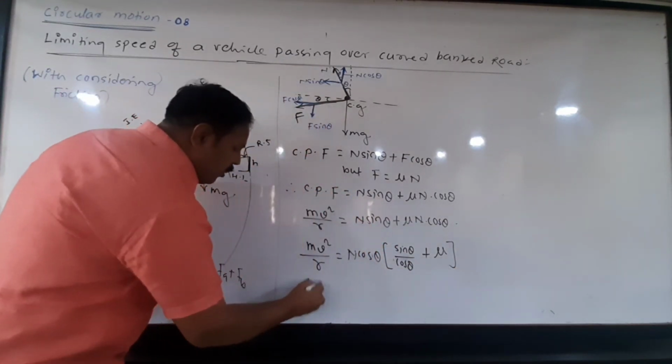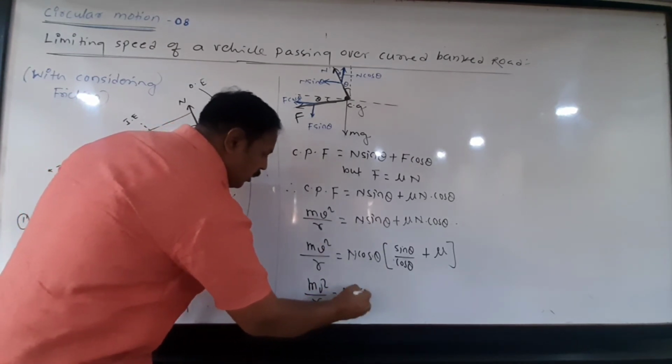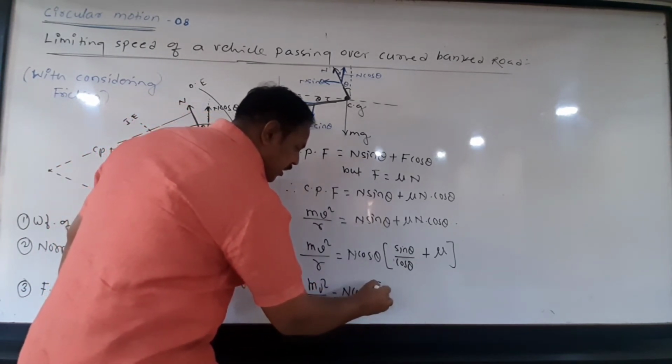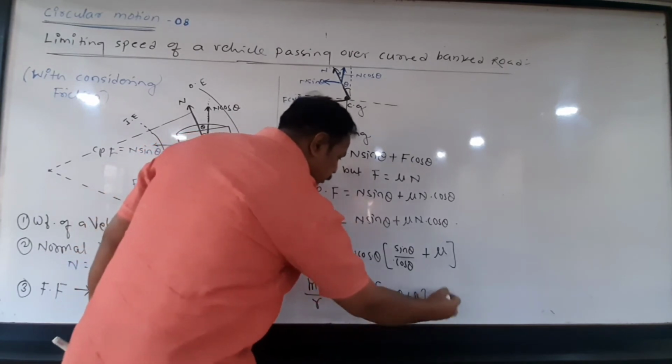Clear? Here sin upon cos means tan theta. Therefore mv square upon r is equal to N cos theta into tan theta plus mu. Let this be equation number 1.